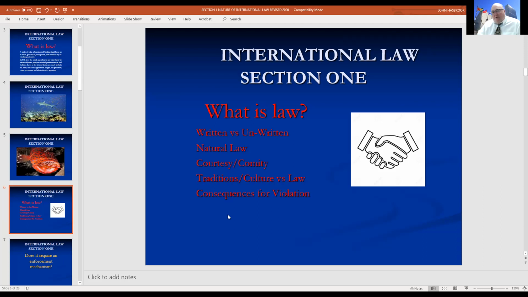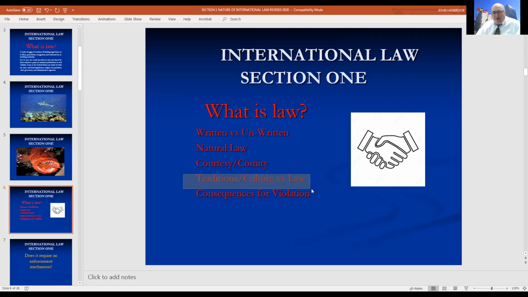But I also want to differentiate between law, that is a rule that has legally binding authority, some sort of consequence that is viewed as having legal consequence, as opposed to other types of rules such as courtesy, which we sometimes refer to as comity, right here, courtesy or comity.